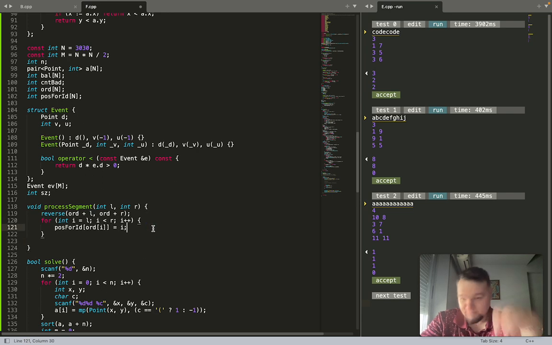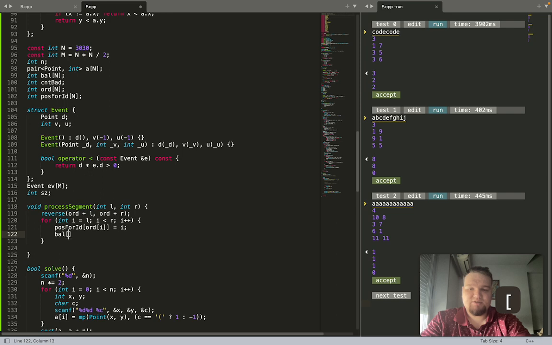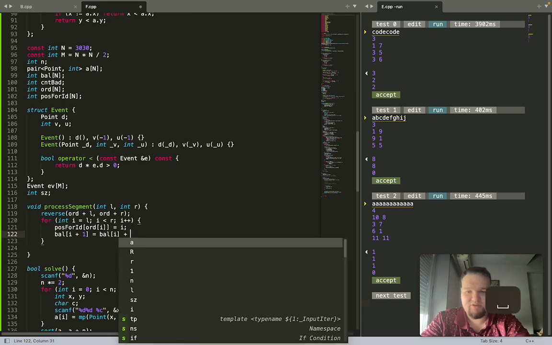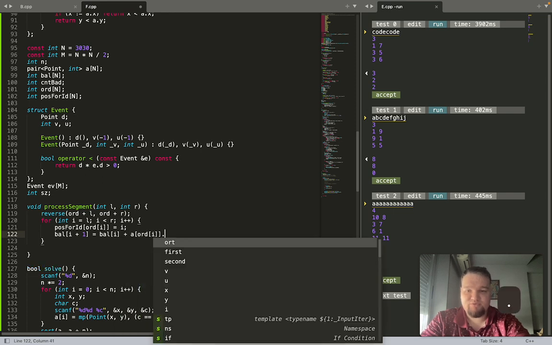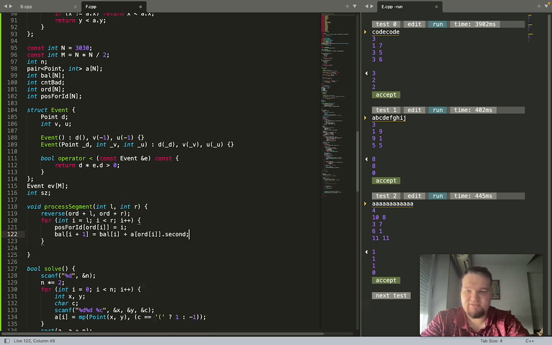Also, balance on position I plus 1 is balance on position I plus what contributes the element that is now on position I, which is ort I, and what it contributes is written in its ID second.